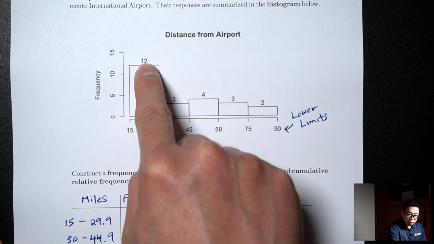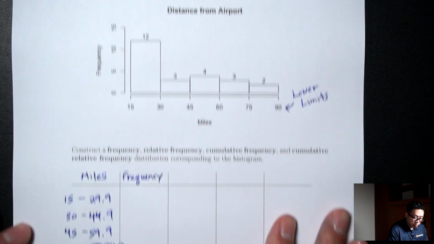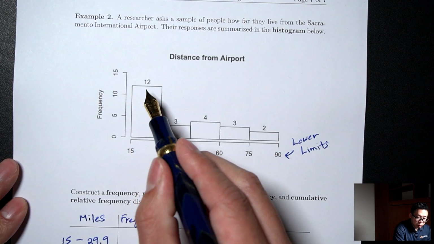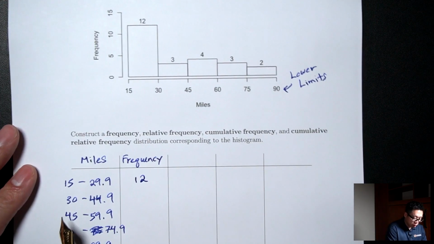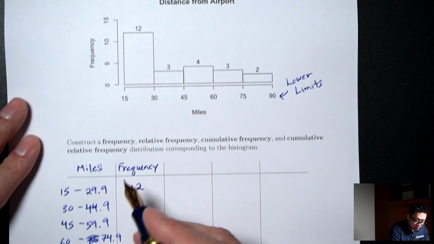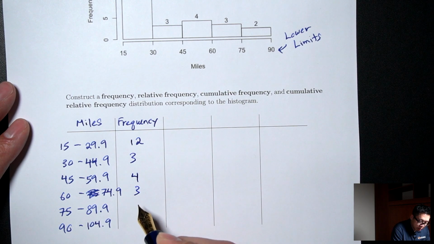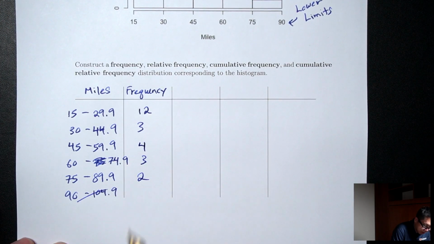So the 12 is the frequency of the range 15 to about 30. So 15 to 29.9, that frequency should be 12. The frequency for 30 to 44.9 is 3. And then next one will be 4, 3, 2. I guess we didn't need this last one anyway.